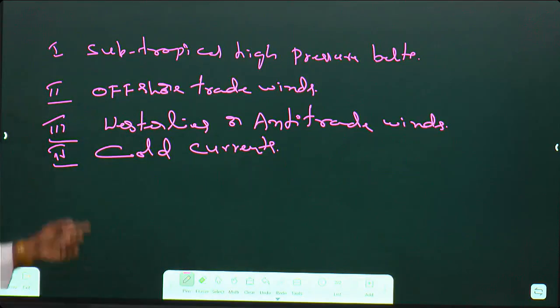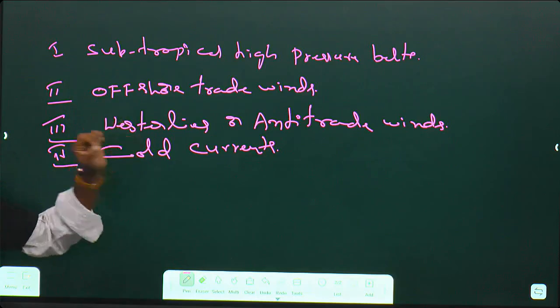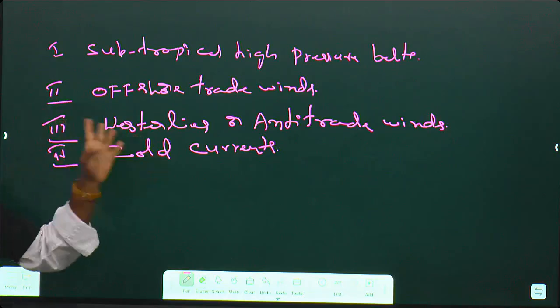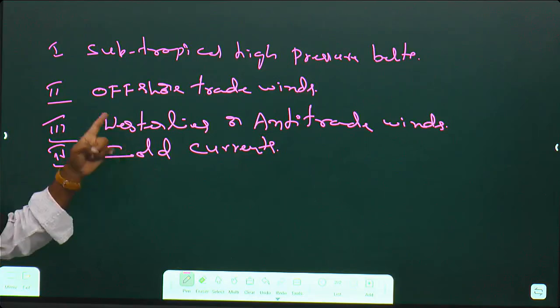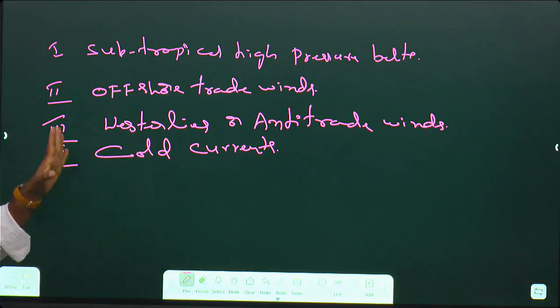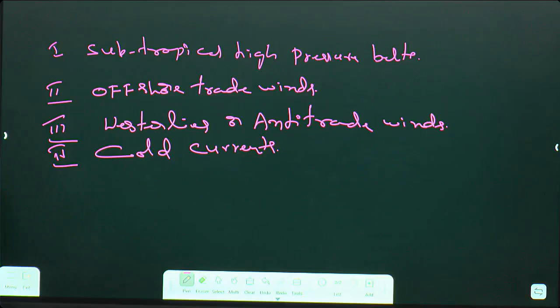Why are all tropical deserts located in the western side of the continents, particularly at 10 to 30 degrees? Because point number one is subtropical high pressure belts. The second one is offshore trade winds. Third one is westerlies or anti-trade winds. Fourth one is cold currents. This is a previous main question.